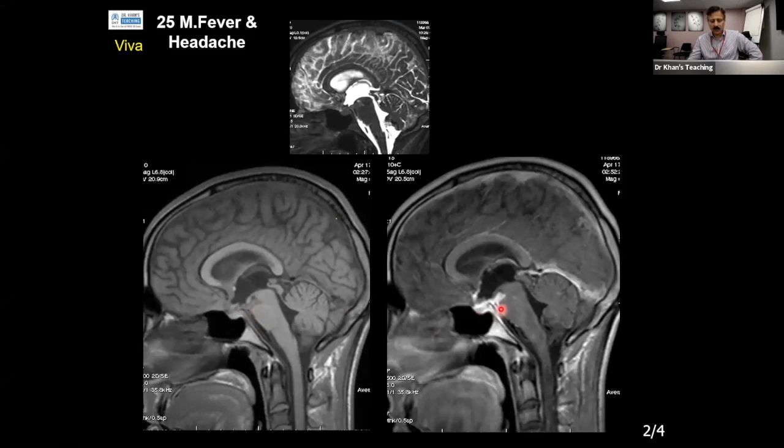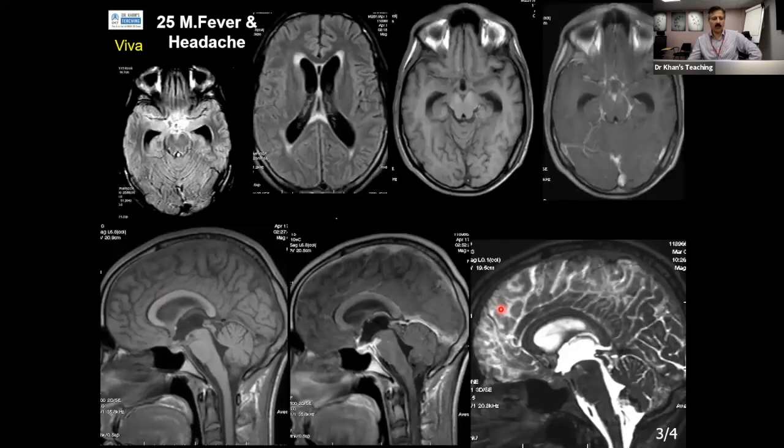When we give contrast, everything is enhancing. So the whole of the subarachnoid space is actually replaced by inflammatory tissue, a phlegmon, which is causing obstruction to the flow of the CSF. That is why there is hydrocephalus and it is enhancing.